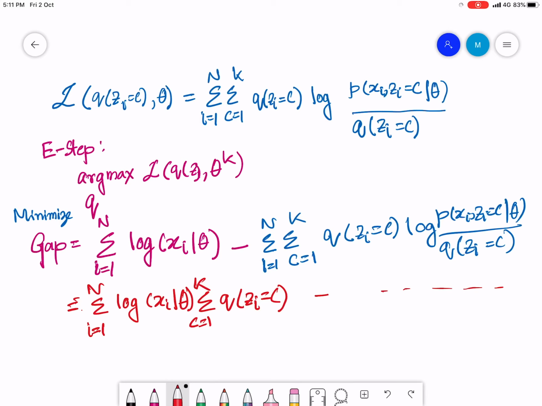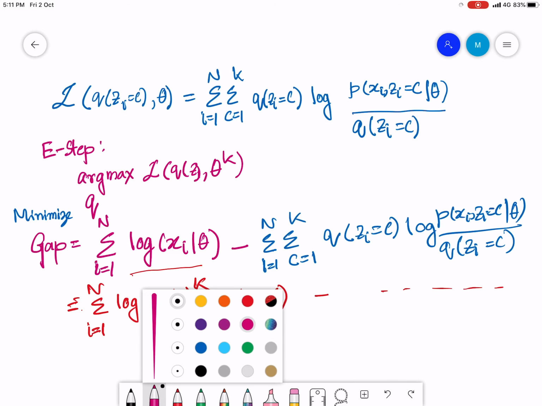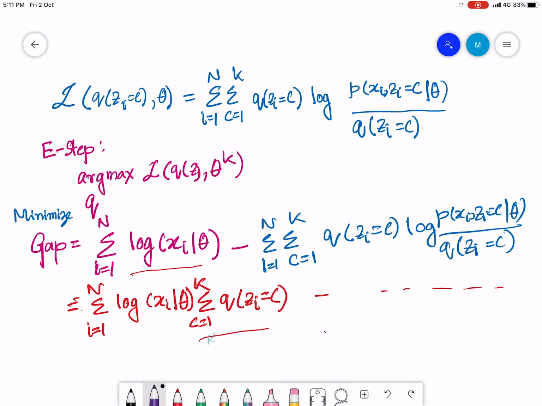What I have done is that this likelihood quantity I have multiplied by this other quantity, because this quantity is equal to 1.